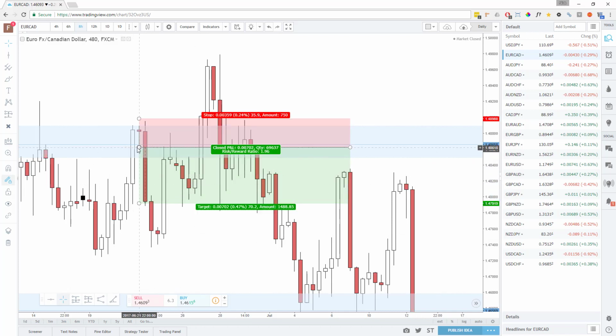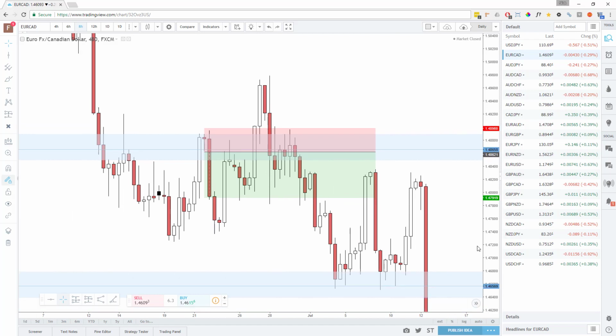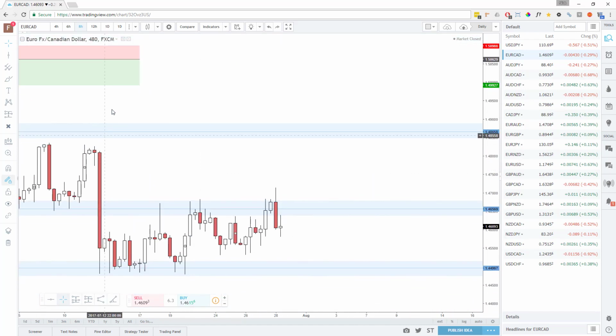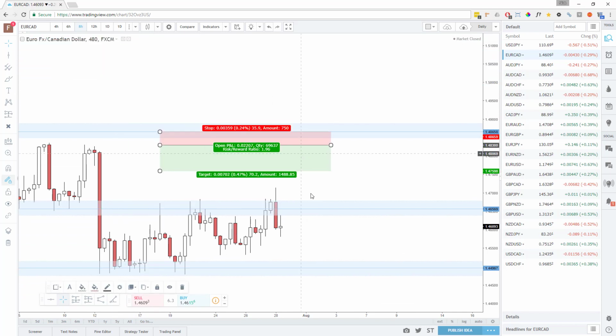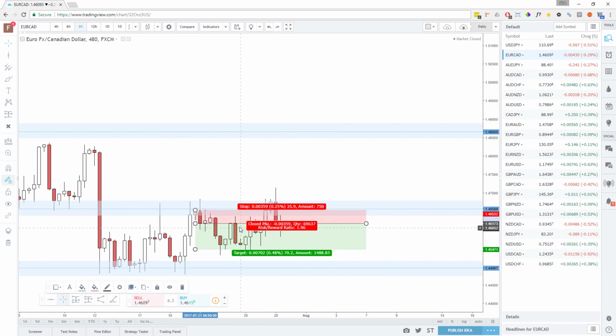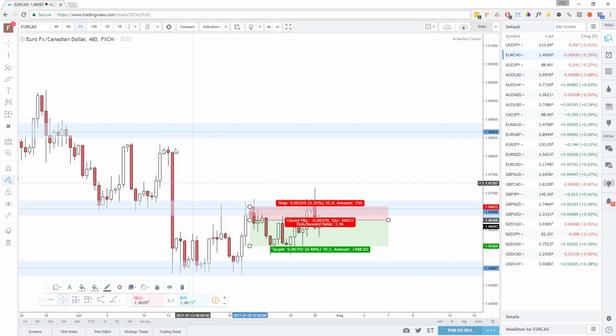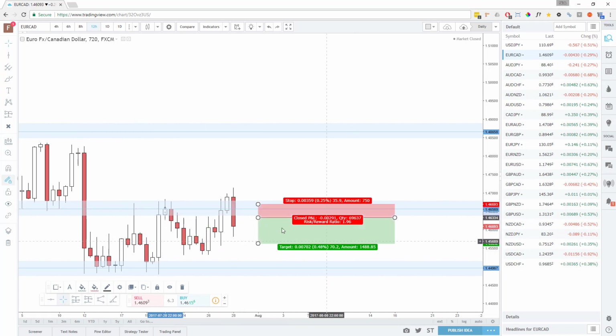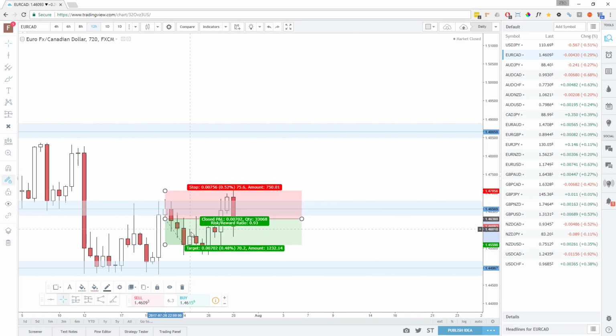Now there was another EuroCAD example I wanted to show you that's very similar. It's a bit more recent. I think it was this one here. Yeah, this one was on the 12-hour. Very similar setup, but a bit more recent.